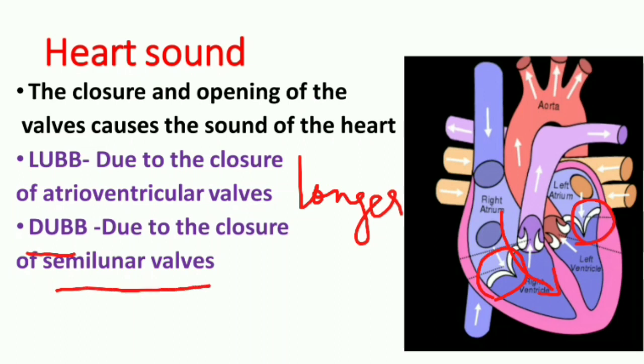Coming to the dub, the semilunar valves are present in the pulmonary artery and aorta. When the ventricles push the blood into the pulmonary artery and aorta, the backflow of the blood is prevented by the closure of the semilunar valves, which creates the sound dub, which is shorter in duration.